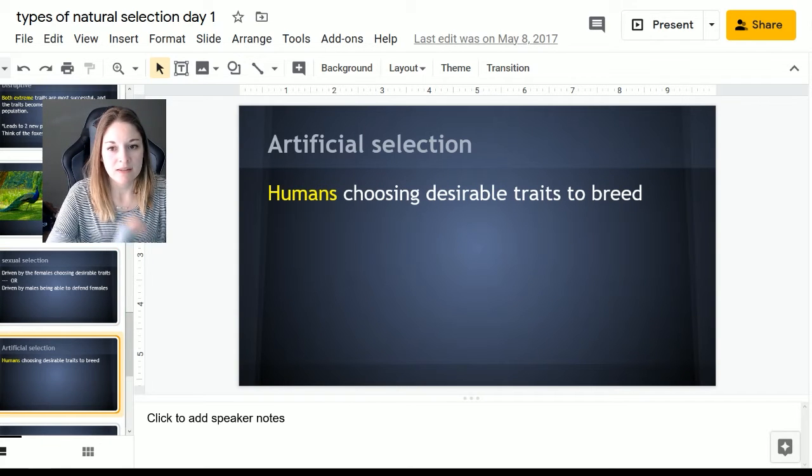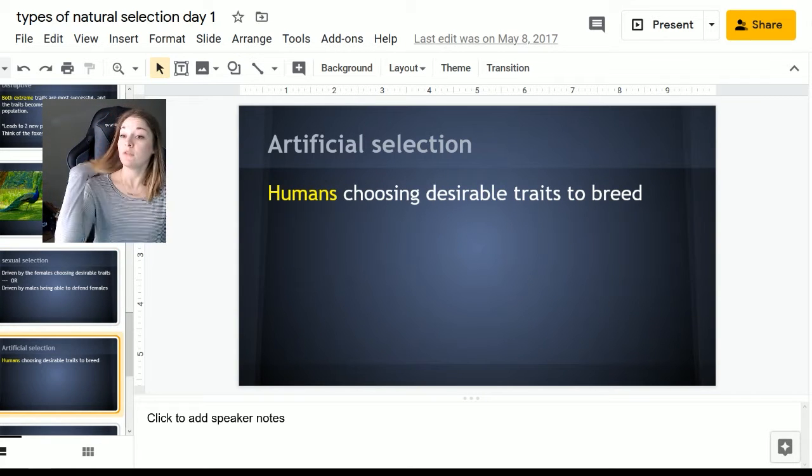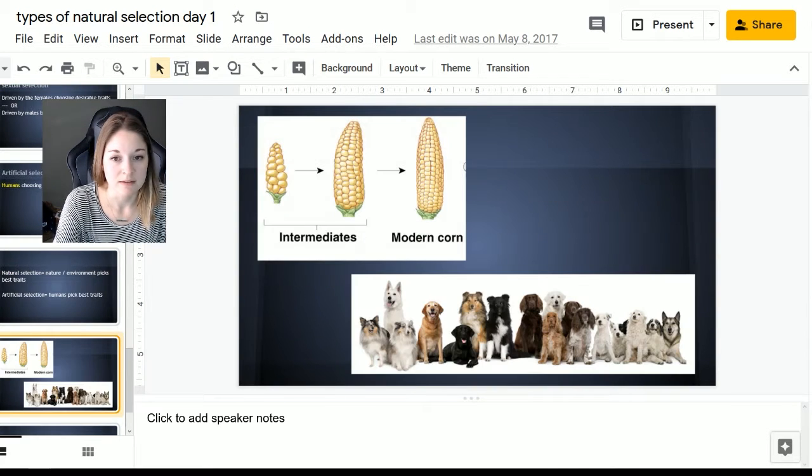And then finally, there is artificial selection, in which case humans are choosing what is desirable. And so that's where we get things like, if you look at our crops of corn, they used to be very, very small. The ears of corn were very small, but we wanted more corn to eat. And so over time, we were choosing those larger ears of corn.